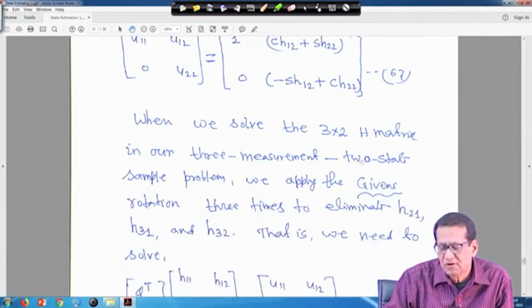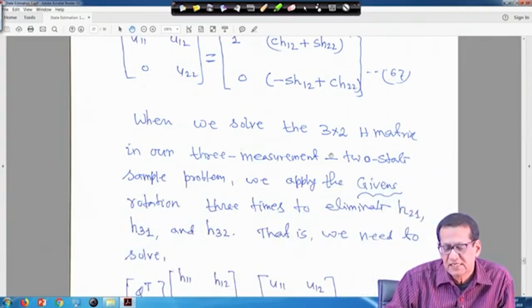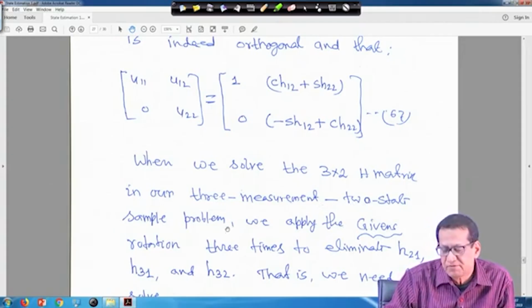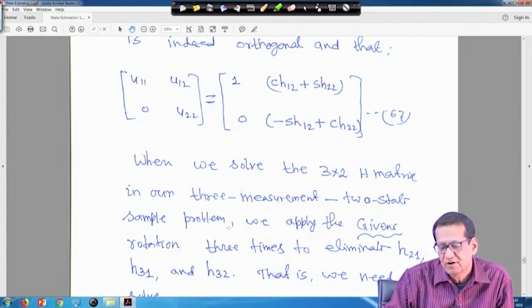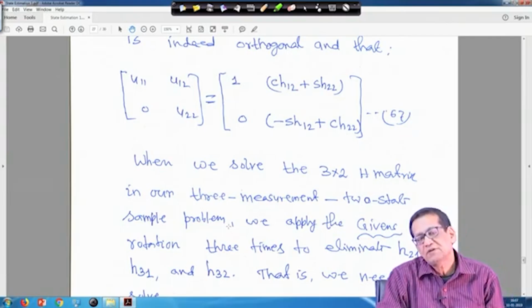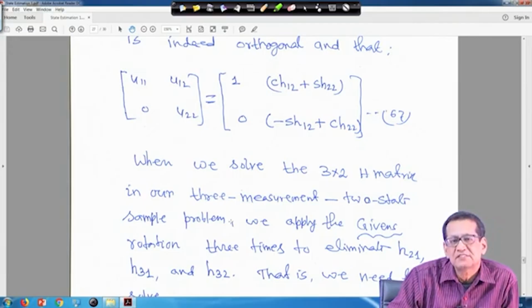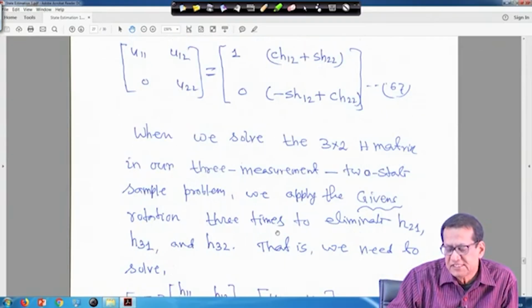Now, when we solve the 3 by 2 H matrix in our 3 measurement, 2 state sample problem that we have seen before, we have 3 measurement values but ultimately we are evaluating 2 values, delta 1 and delta 2, as bus 3 was the slack bus. So, we apply the Givens rotation 3 times to eliminate h21, h31 and h32.